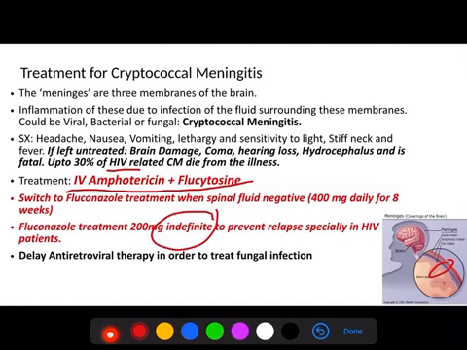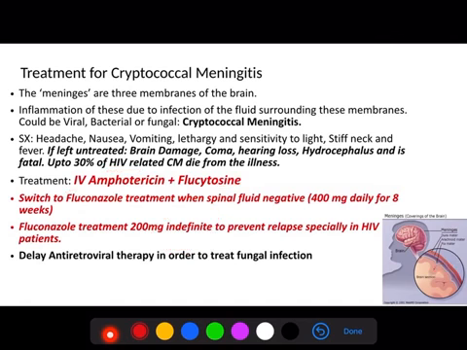So you need to treat fungal infections first, and then you can move to antiviral therapy. This is partially because antifungals and antiretroviral therapies cannot be given at the same time, because both of them can interact as they affect the liver enzymes.